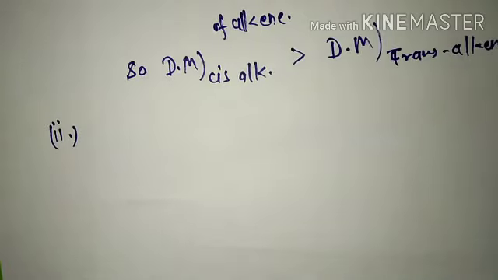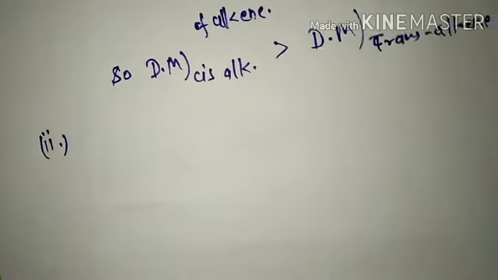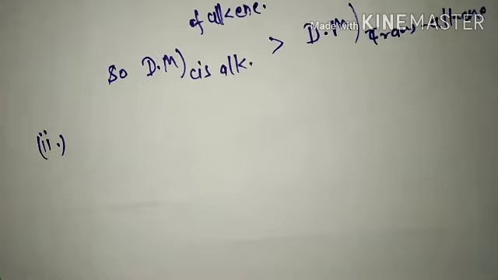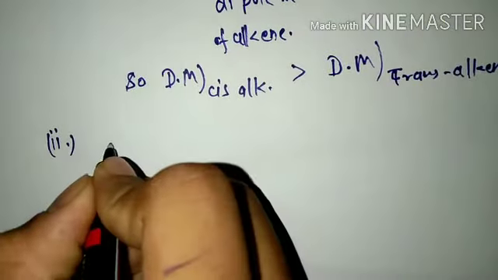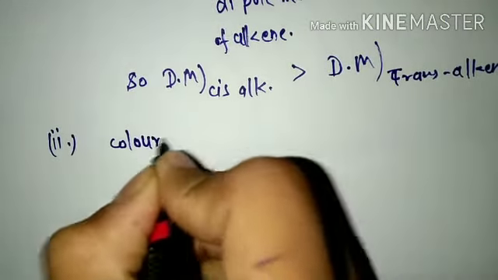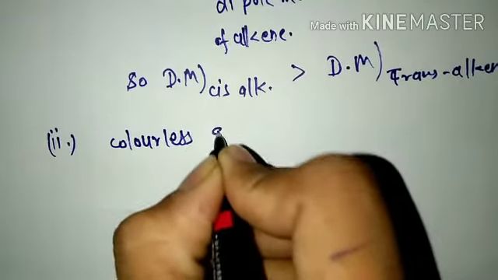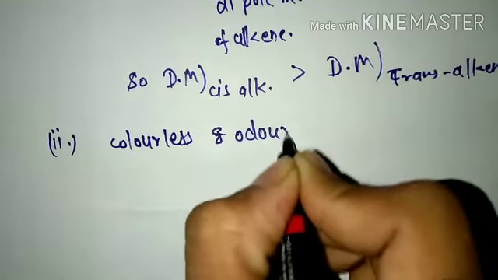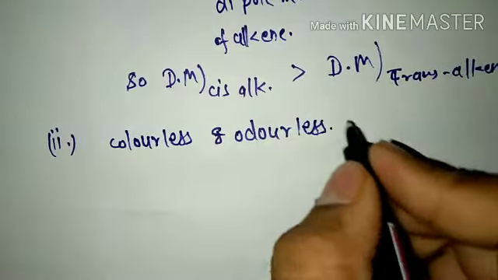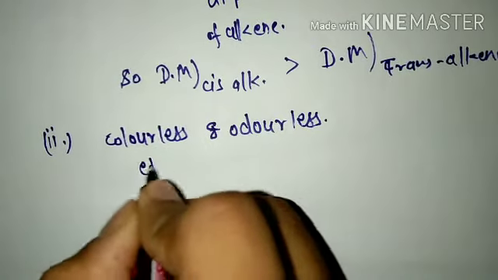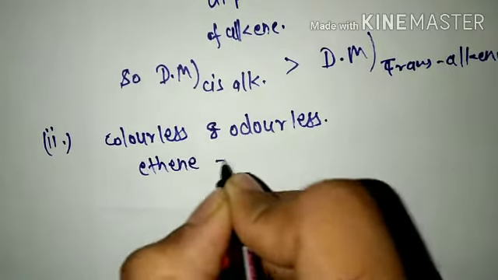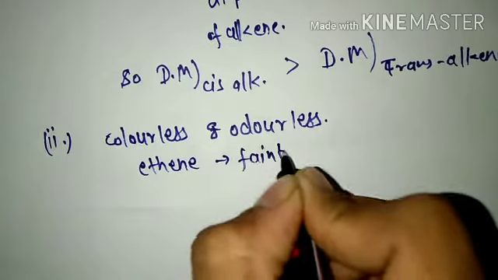The second property of alkene is they are colorless and odorless in nature. And the ethene, which is an exceptional case, has a faint smell.